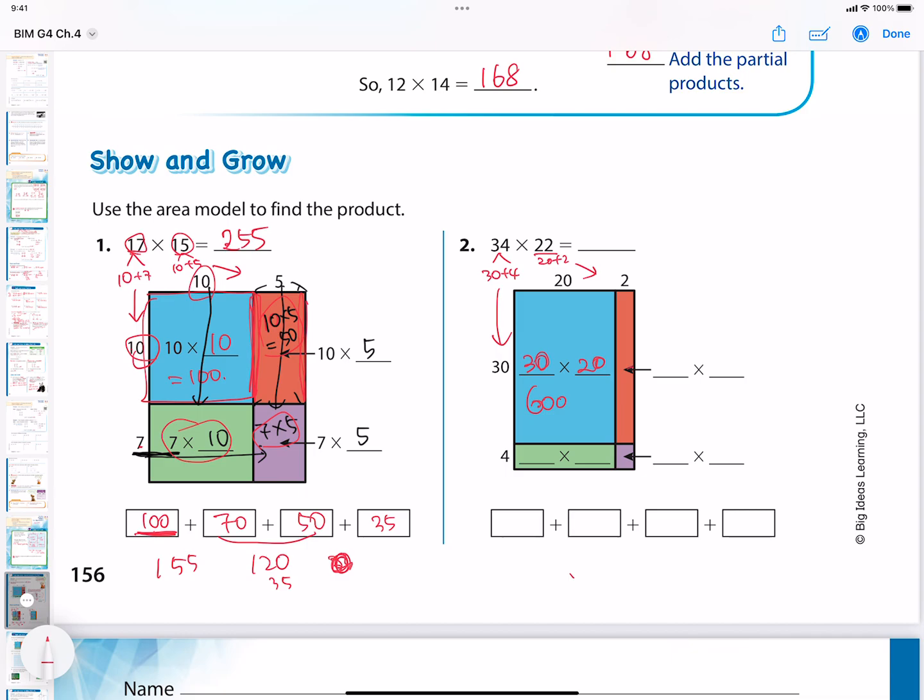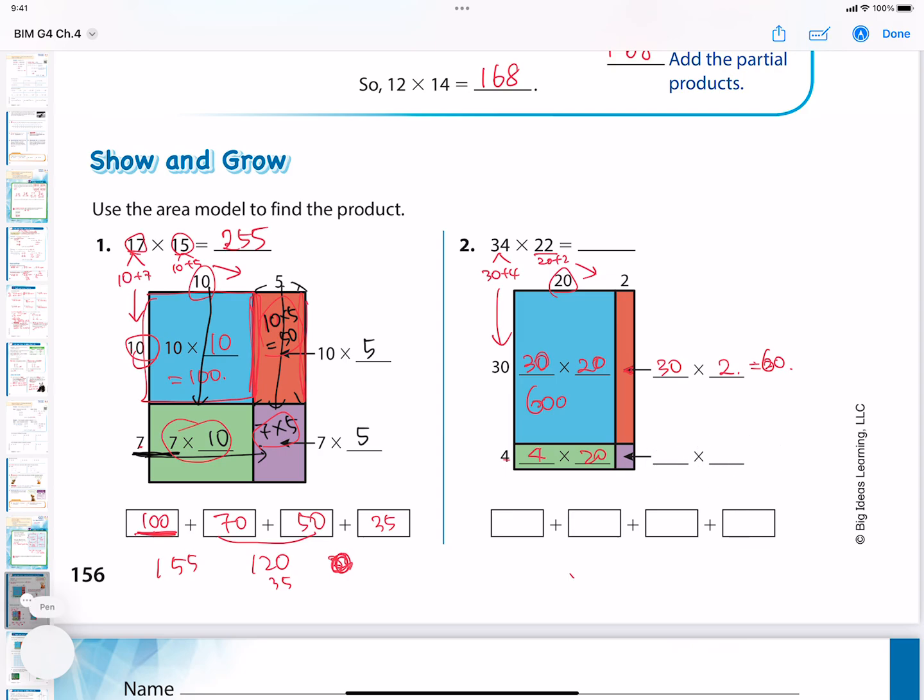And this red area is what? 30 rows of 2, which is 60. And this green area is what? 4 rows of 20. You see this up? That's 4 times 2. 4 times 2 is 8, and you need to add one more 0.